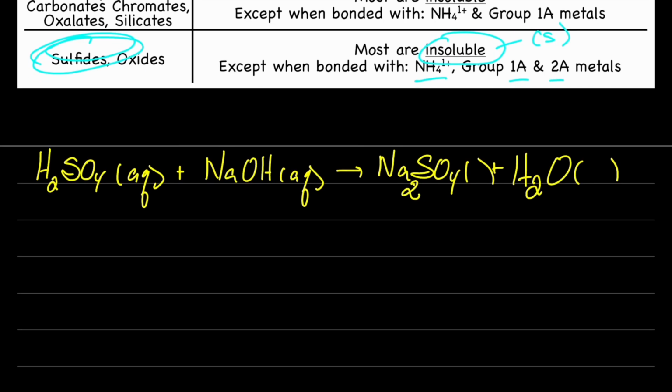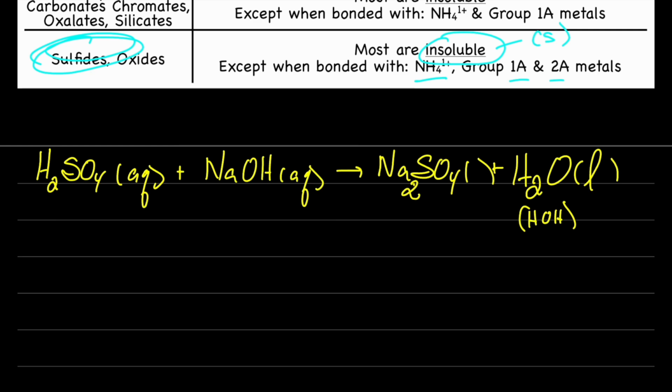HOH, which makes water. Water is a liquid. Water is not aqueous. Aqueous means dissolved in water. Okay, water isn't dissolved in water. Water is water. Okay, so when you see H2O, which remember was HOH, that's a liquid. Okay, so we don't even have to look that one up.